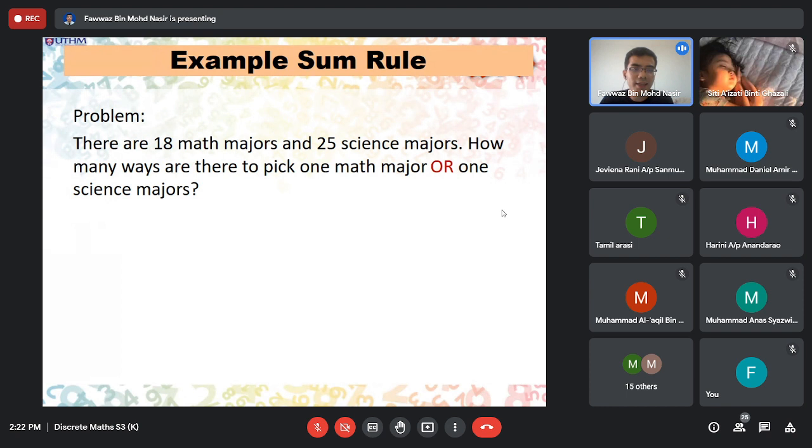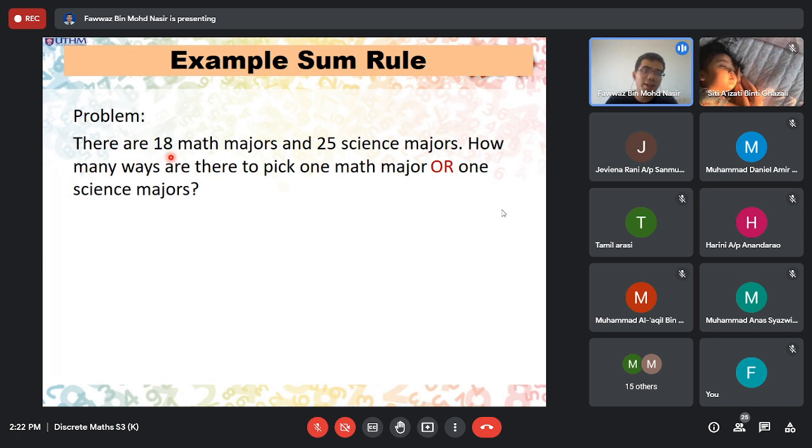Okay, so basically dia kata kalau kita tengok dekat problem ni agak straightforward sebab kita boleh identify terus kan dia punya keyword dia all kat sini. Jadi solution dia adalah kita just sum up these two numbers. So the number of ways to select a math major is 18 ways, right? So ada 18 math major, so ada 18 ways to select a math major.